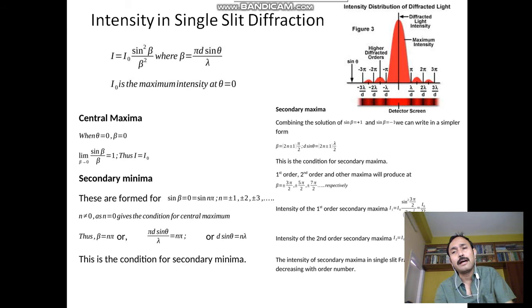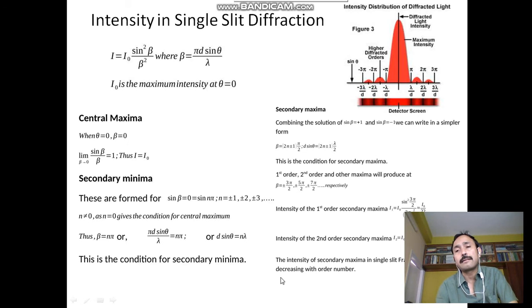So combining, you can write beta is equal to (2n plus minus 1) pi by 2. Now beta is pi d sine theta by lambda. So putting this, you can find d sine theta is equal to (2n plus minus 1) lambda by 2. This is the condition of the secondary maxima.